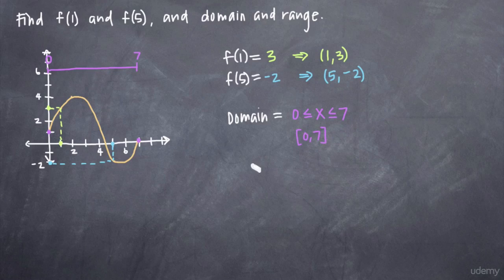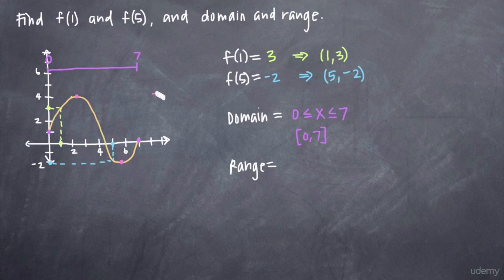Now the range is the corresponding set of y values that the function can attain based on the domain that we've already defined. So on this domain here from 0 to 7, which y values can the function attain? Well, we can see here, and we'll use a different color, that the highest y value is at this point here, and that the lowest y value is at this point here.